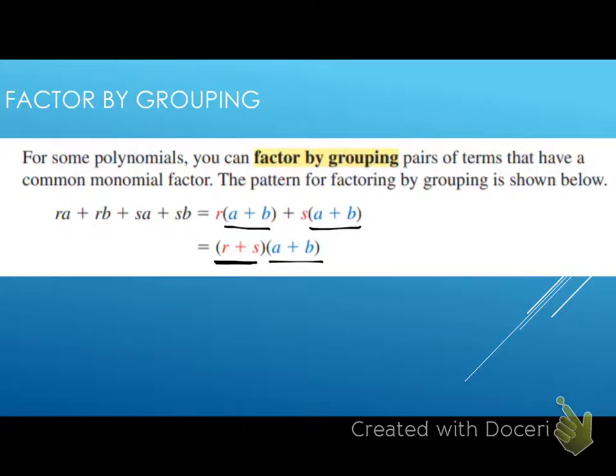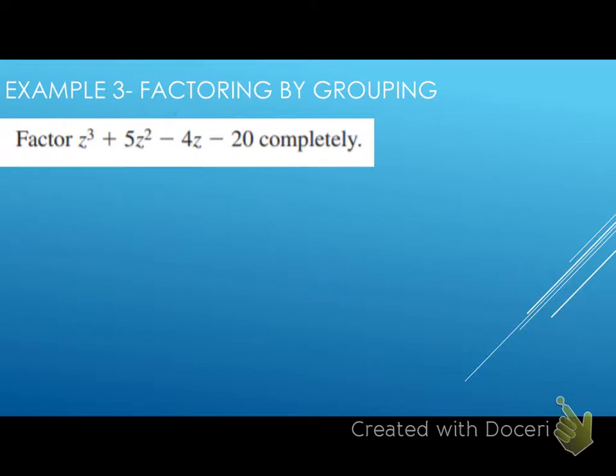Everyone ready to see an example with actual numbers in it and variables? Okay. Factor z cubed plus 5z squared minus 4z minus 20 completely. This is our last example.